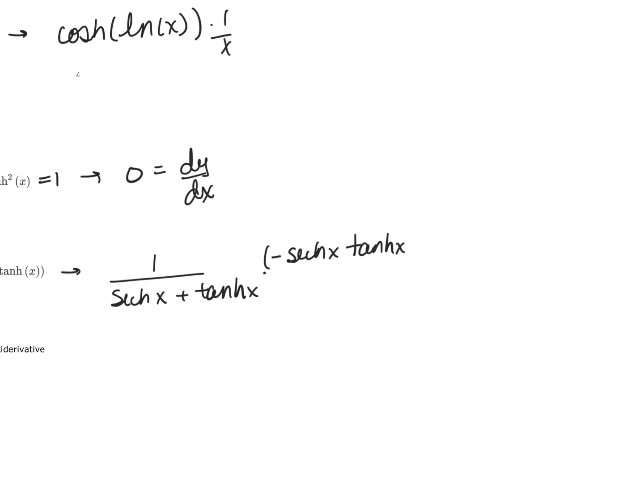And the hyperbolic tangent is so plus the secant hyperbolic of x. Now you can see that I can factor out a secant, but it's not going to cancel with the denominator, so it is unlikely I'm going to take that extra step.